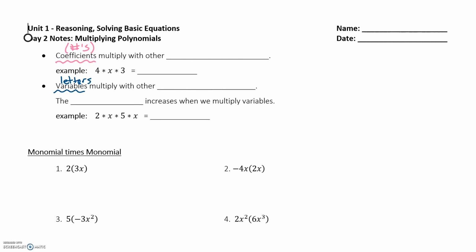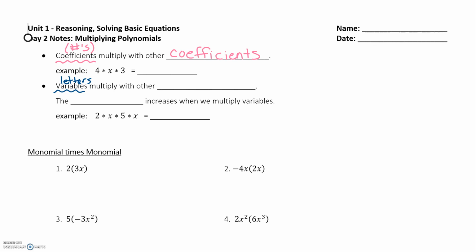So let's talk about the coefficients first. When we multiply a polynomial with another polynomial, we can only multiply coefficients with other coefficients. Okay, that means you can only multiply numbers with numbers.